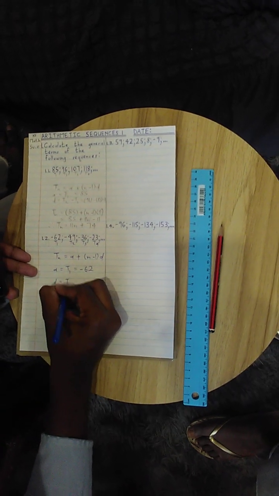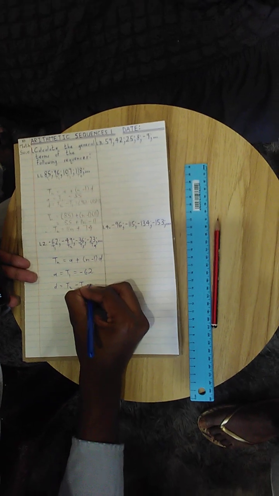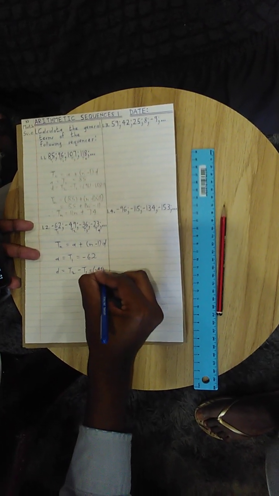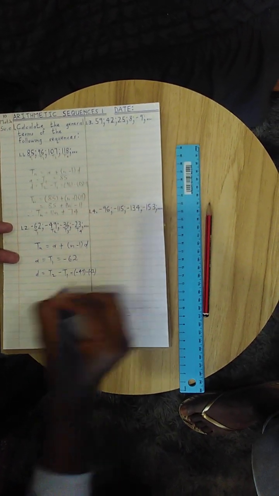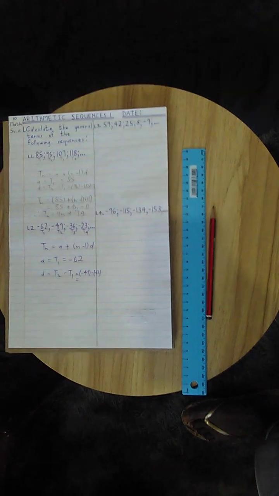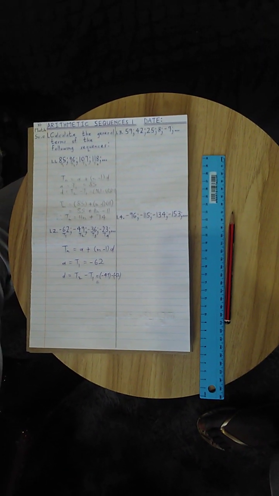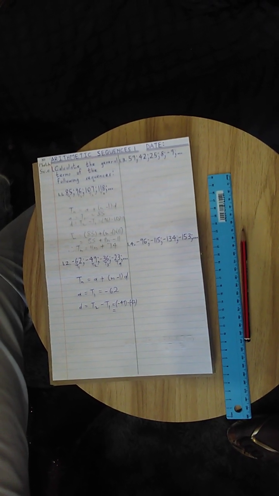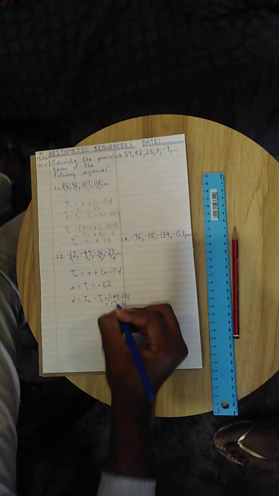D is T2 minus T1, which is negative 49 minus negative 62, which is 13, right?